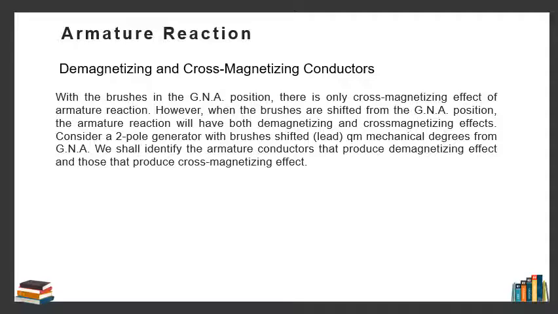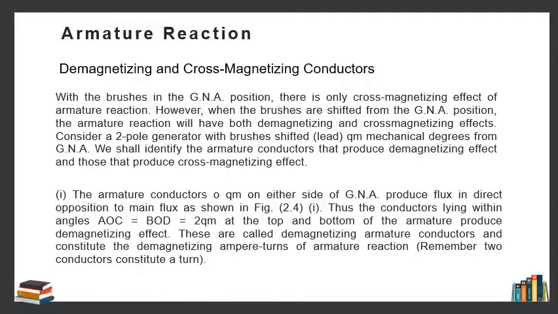Consider a two-pole generator with brushes shifted or lead. QM is the mechanical degree from GNA. We shall identify the armature conductors that produce demagnetizing effect and those that produce cross-magnetizing effect. Number 1, the armature conductors within QM on either side of the GNA produce flux in direct opposition to the main flux, as shown in figure 1.